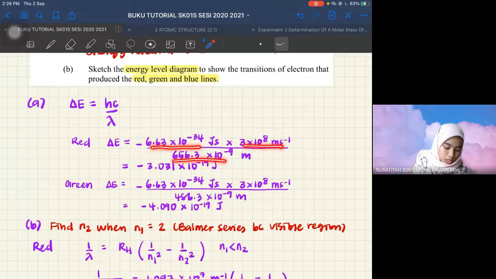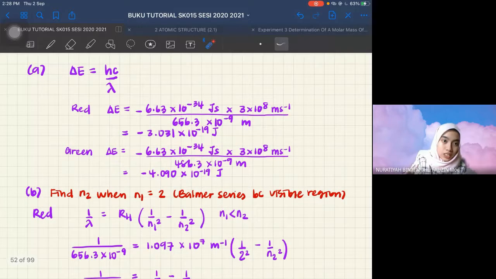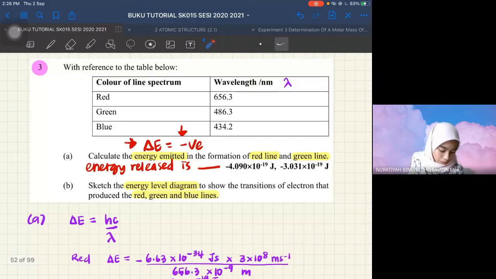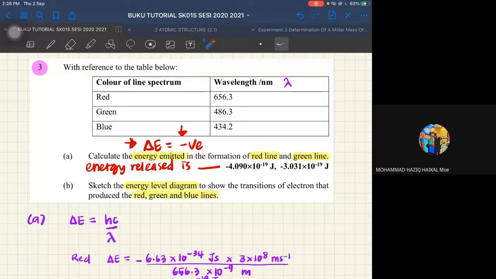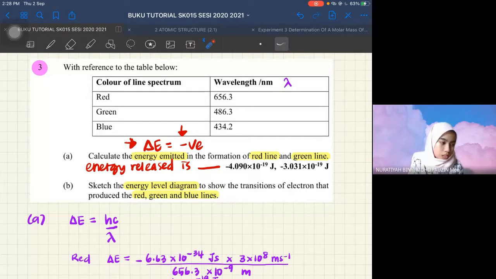Make sure you change nanometer to meter, and put a negative in front because you want your delta E to be negative, meaning energy emitted, energy released. So this is the answer for 3A. No problem with 3A? Okay, good.